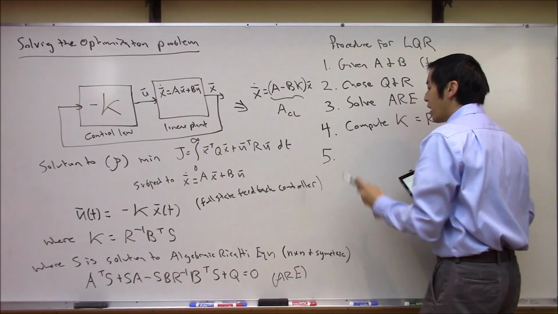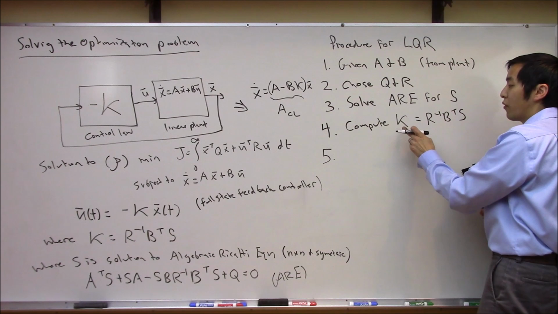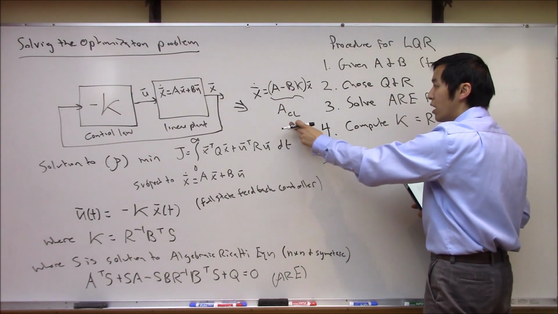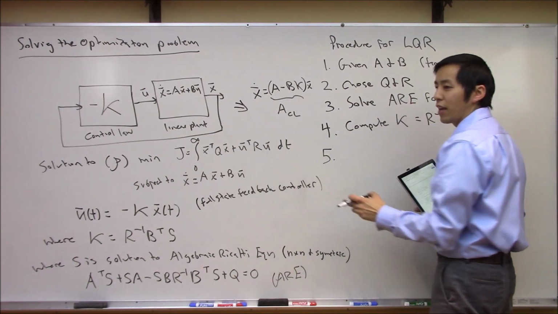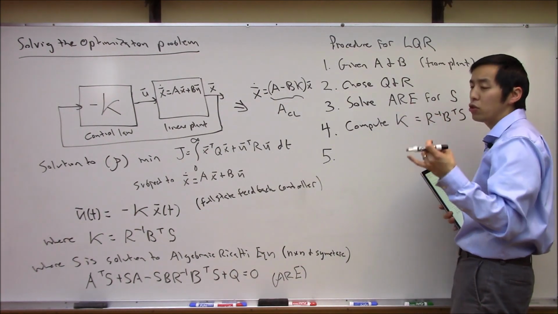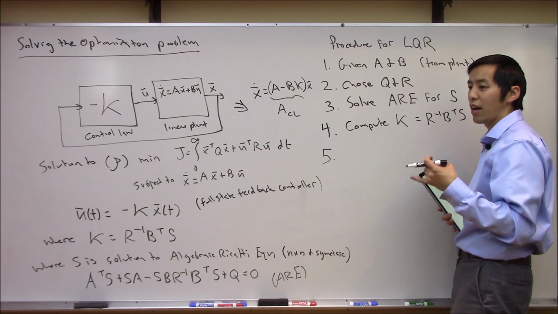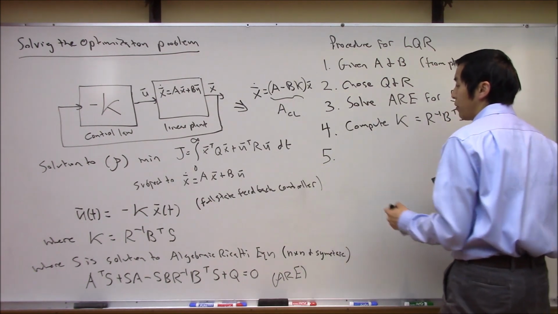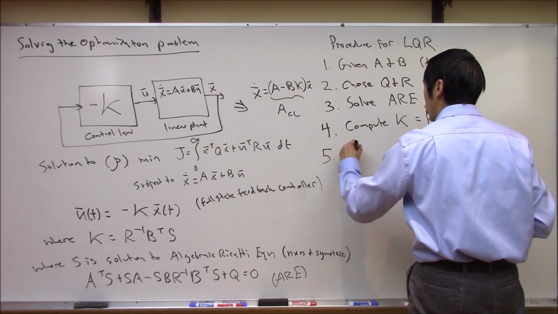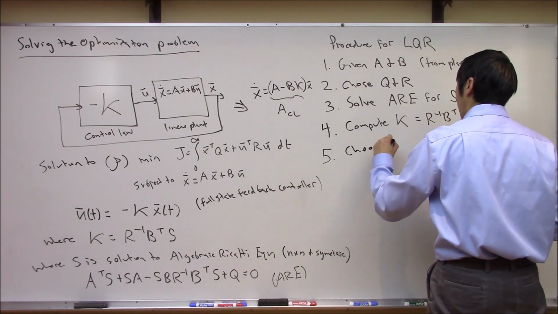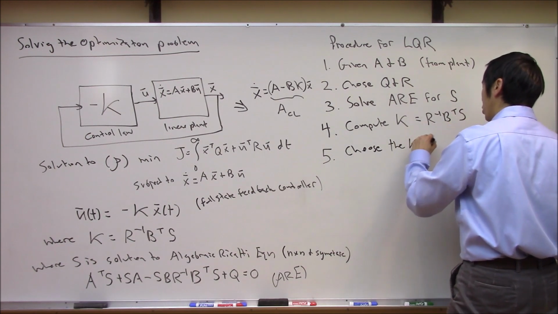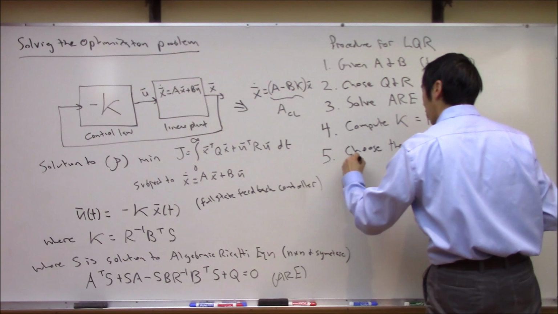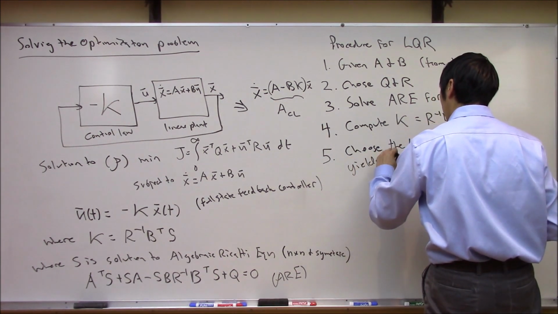Now, you've got multiple Ks, so that means you have multiple A closed loops. You can evaluate each of these and find its eigenvalues, and usually there's only one that has all poles, or eigenvalues, in the left half plane. So step 5 is choose the K solution that yields a stable system.